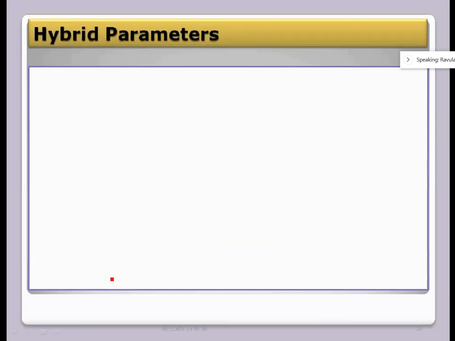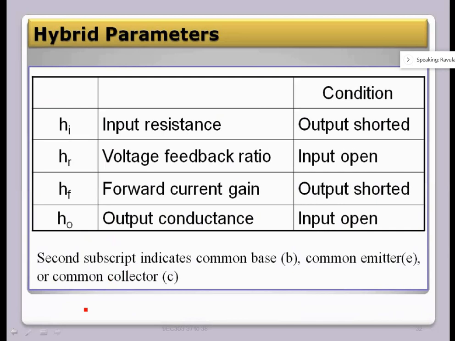And also we know, by substituting another subscript, which indicates common base, common emitter and common collector. So what are those? If HIE, the second subscript is common emitter: input resistance, common emitter reverse voltage gain, common emitter forward current gain, common emitter output admittance.